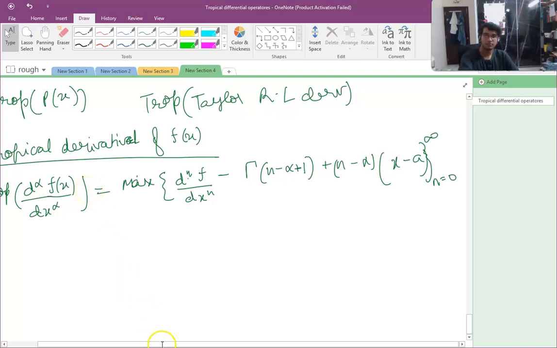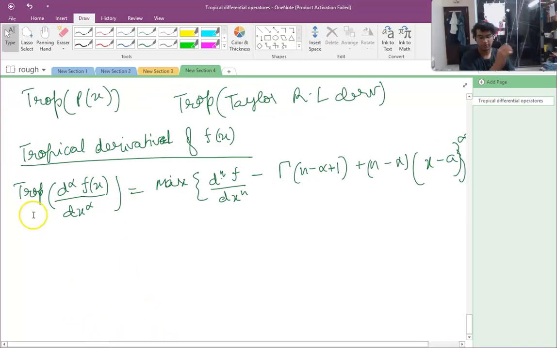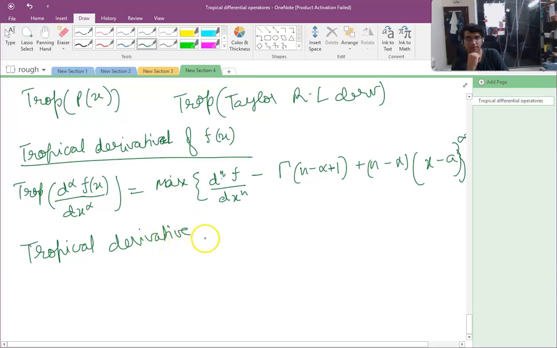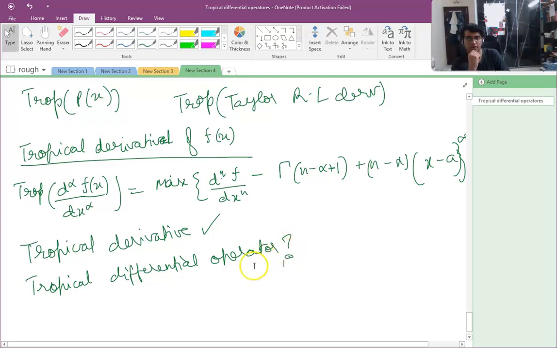Now, yes, okay, so we've sort of understood what tropical derivative means, right? Now what we need to know is, what does it mean to take a tropical differential operator, right?